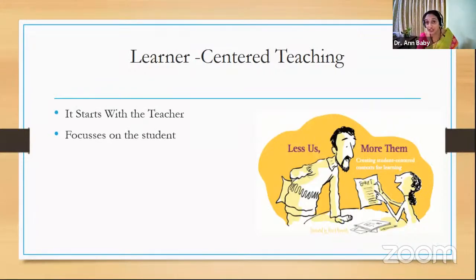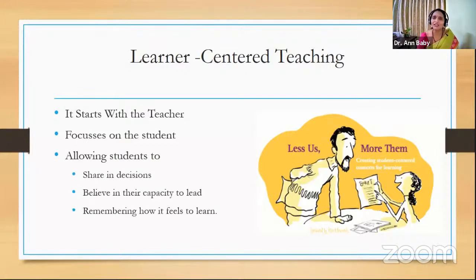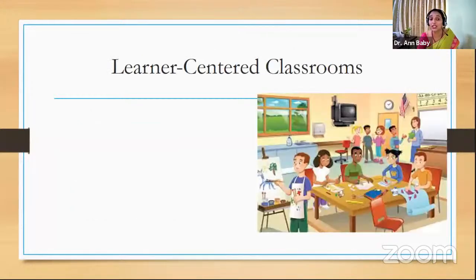It starts with the teacher. It focuses on the student, and you allow the students. You give them freedom in the class. Let them share in the decision making. You should be able to believe in their capacity to lead, and remember how it feels to learn. Now let's see how a learner-centered classroom looks.